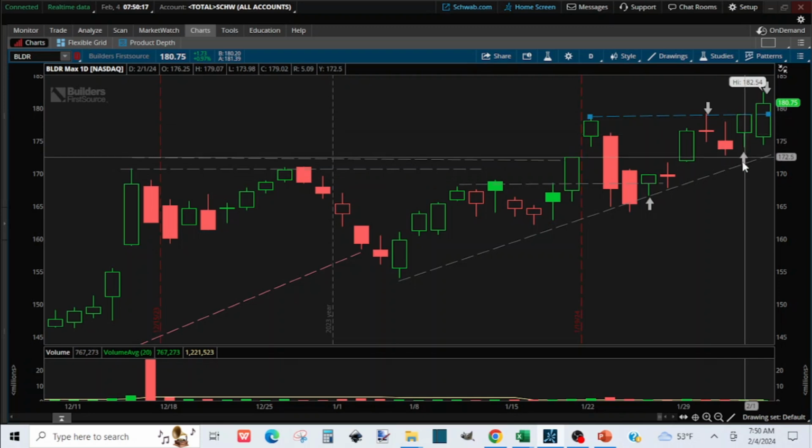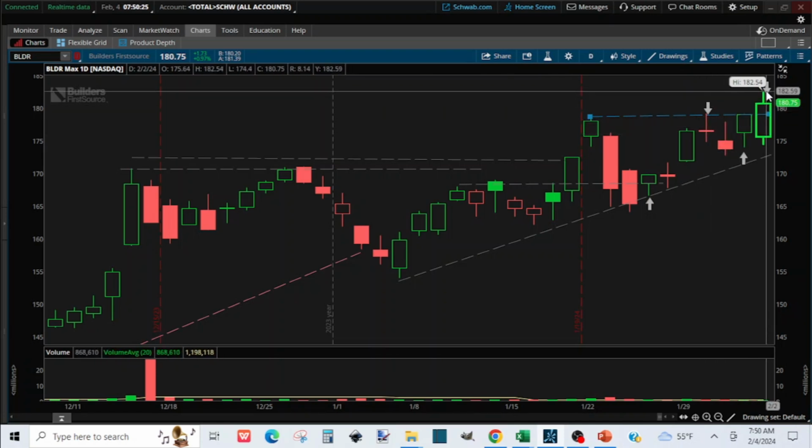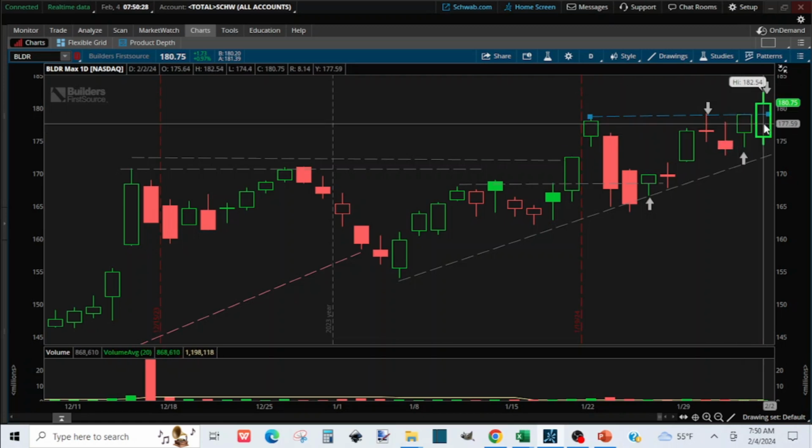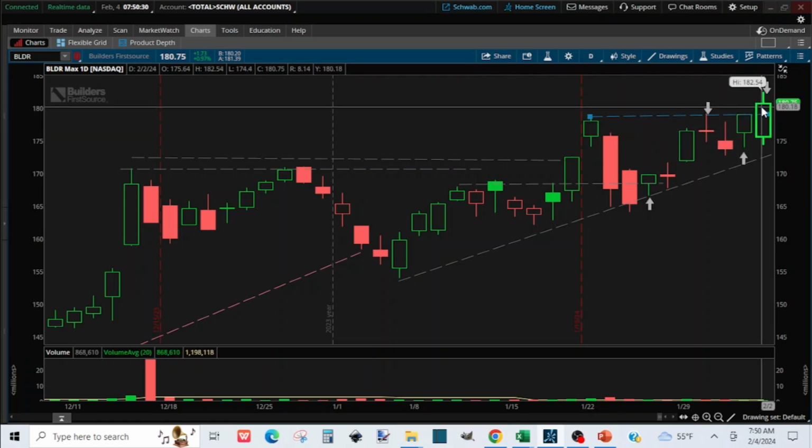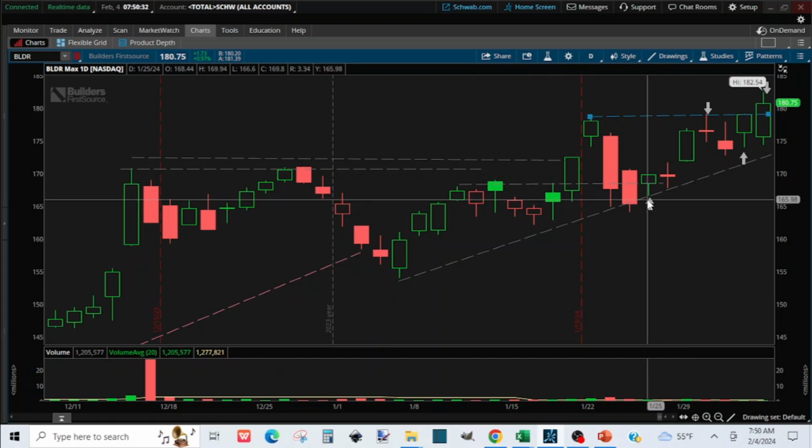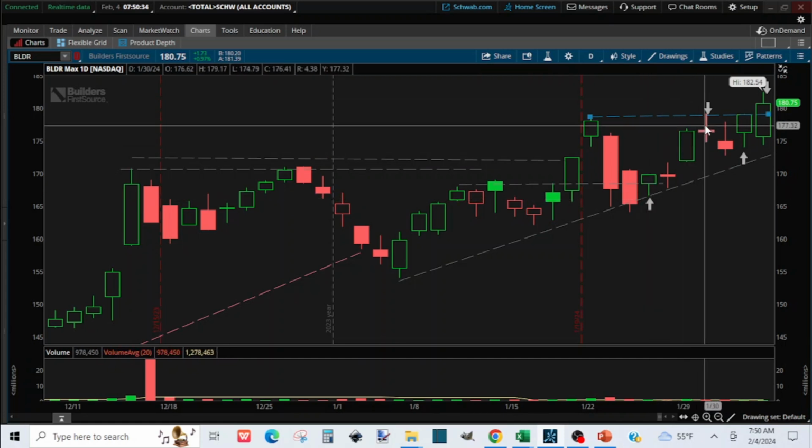And then I went back in a day or 2 days later from that to here, and then got back out of it the next day, Thursday and Friday. Bought it on Thursday, sold it on Friday, when this one was on the 25th of January and this one is on the 30th of January.